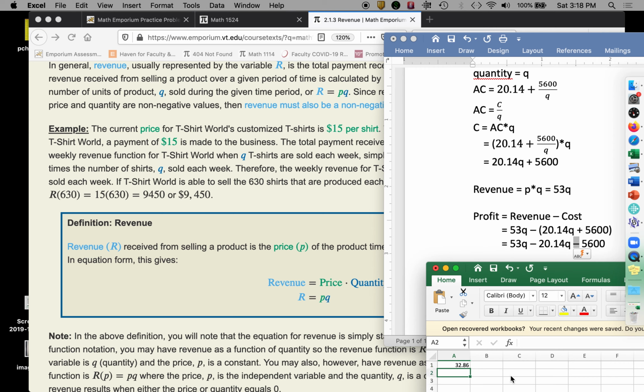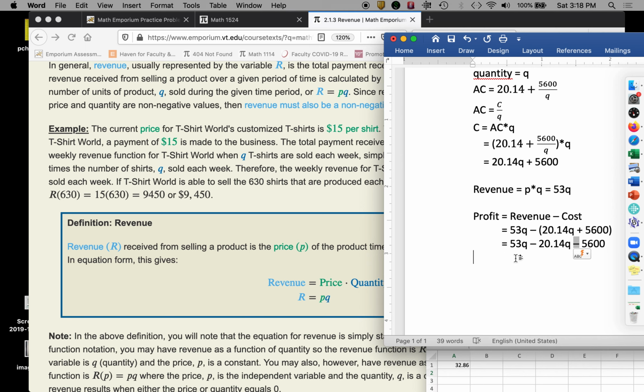And then hit enter, and you've got 32.86. So I've got that this is equal to 32.86Q minus 5,600. And that should be our profit.